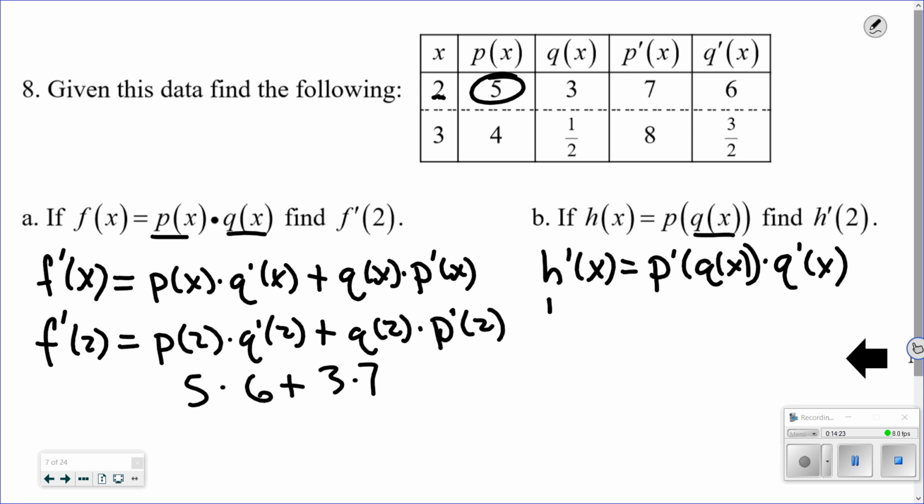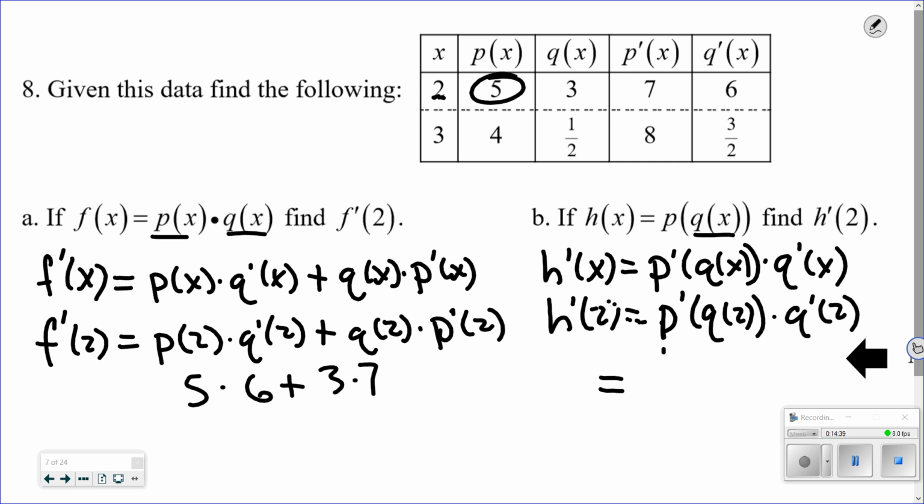Now it wants me to find h prime of 2. So plug 2 in there. So you've got to be careful. This is going to be p prime of q of 2 times q prime of 2. So let's figure this out. I start with that. Q of 2 is 3.